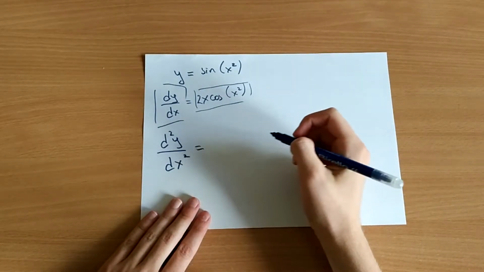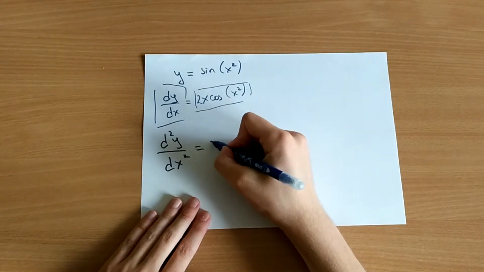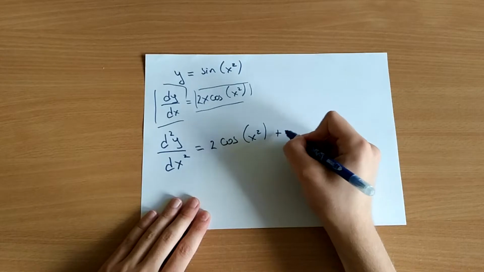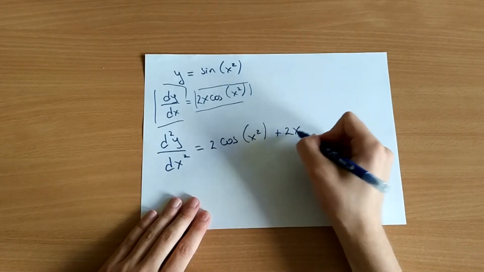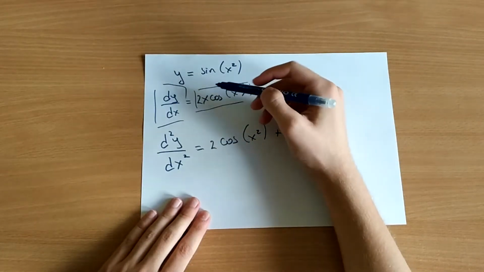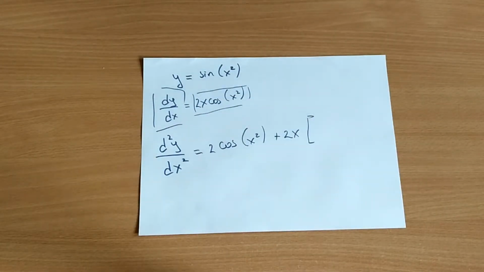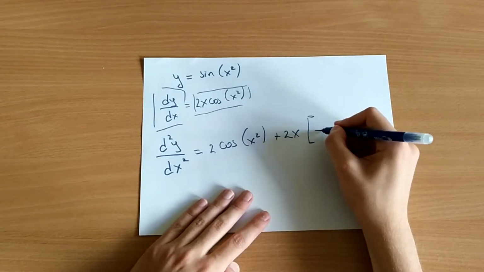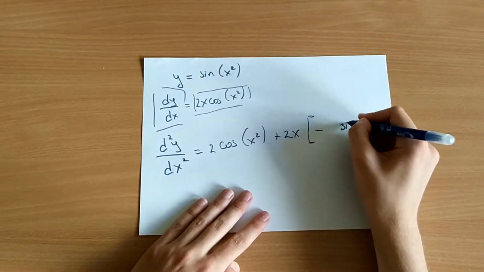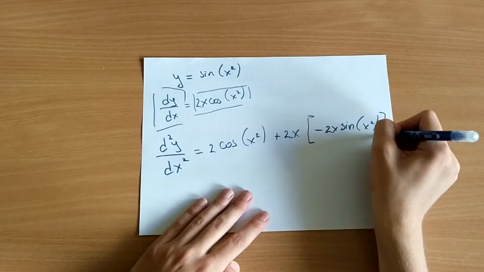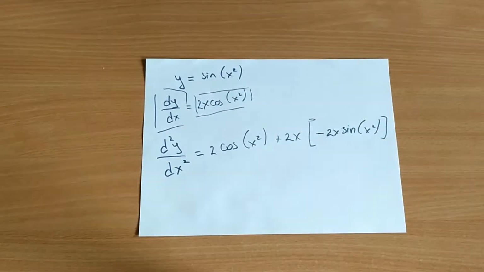So first of all we have 2 times cosine of x squared plus 2x, then in brackets, and here we have to use the chain rule in order to find the derivative of cosine x squared, and that will be equal to minus sine of x squared times 2x, right? 2x, since we decrement the exponent of x squared and we replace it as a factor.